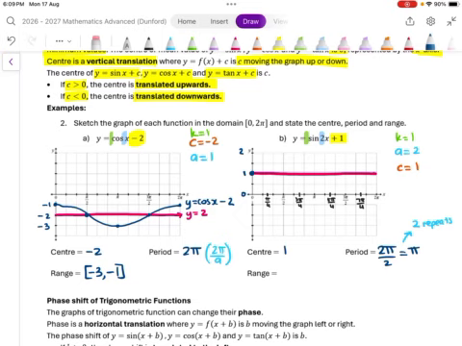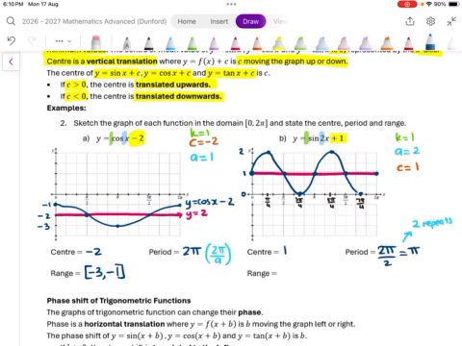Then we go up, then we go down to the center, then down 1 to our minimum value, and then back. There's our first repeat. Now we start again: at 5 pi on 4, we're up there, at 3 pi on 2 we're here, at 7 pi on 4, and then 2 pi.